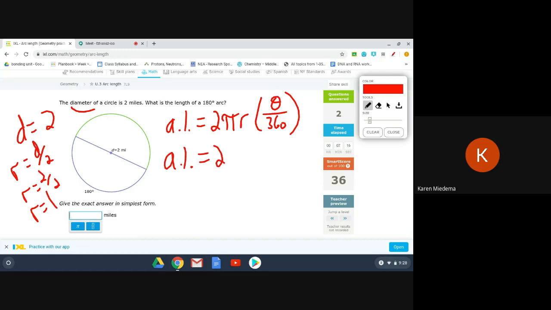So 2 times pi times 1 times the arc length over 360. Okay, we're going to go ahead and multiply here. 2 times 1 is 2 times 180 over 360 is 1. 1 pi, or just pi.